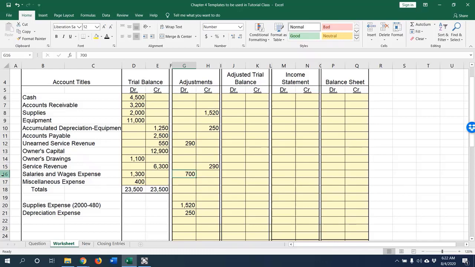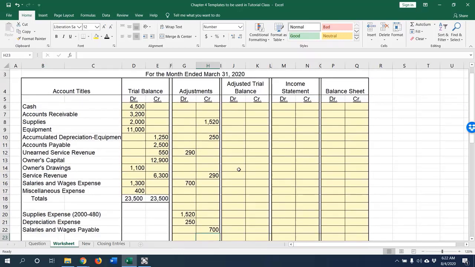Okay, $700 salaries and wages expense, and since it is accrued and we haven't paid it, we have to credit salaries and wages payable. But do we have any account named salaries and wages payable here? No. So we have to create one. Salaries and wages payable, the same amount, 700.